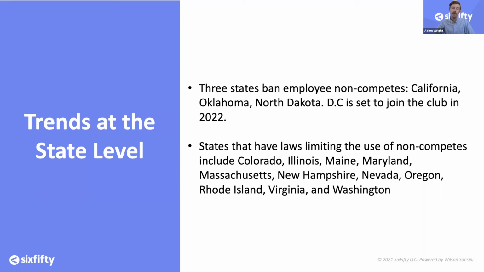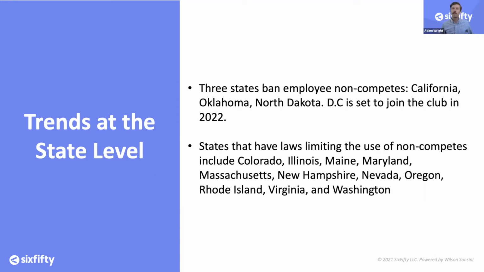But there are many states that have specific statutes that limit the use of non-compete agreements. Those states include Colorado, Illinois, Maine, Maryland, Massachusetts, New Hampshire, Nevada, Oregon, Rhode Island, Virginia, and Washington. And those are just examples to name a few. So we're going to put up another poll question here.